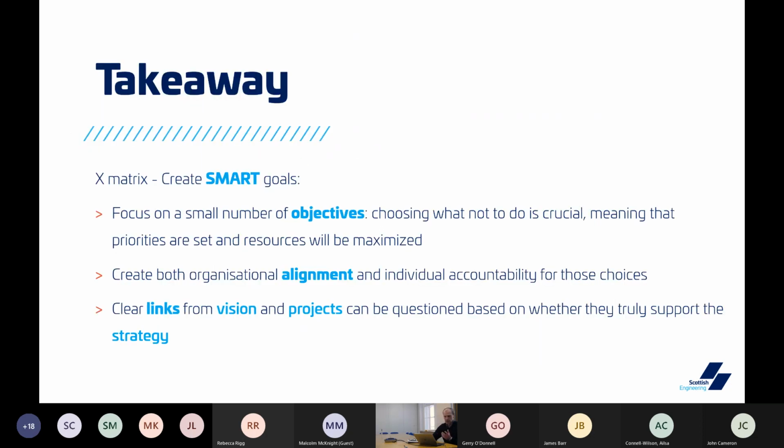So why the X matrix, right? Because it allows you to create a smart roadmap. It's got a small number of objectives, so it is not everything. You're not going to do everything everywhere all the time. So it forces you to select what matters. It provides alignment.